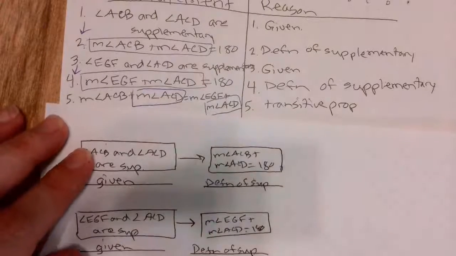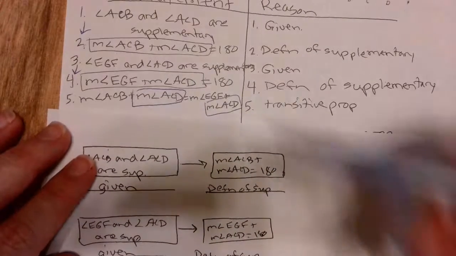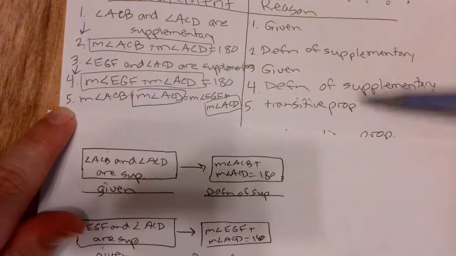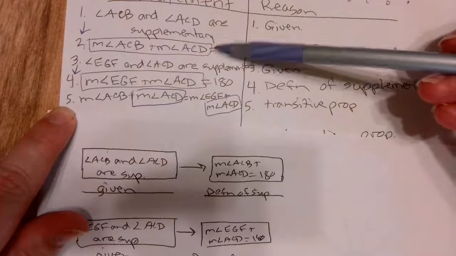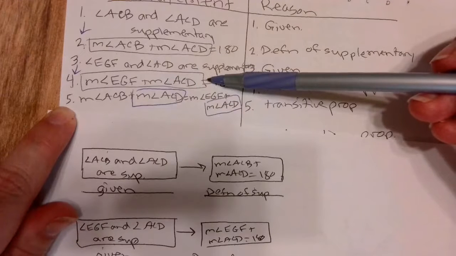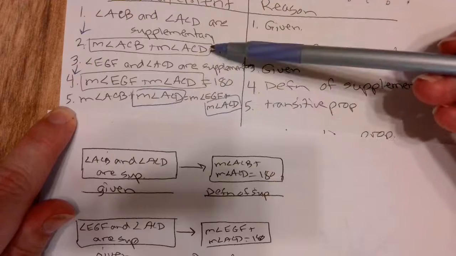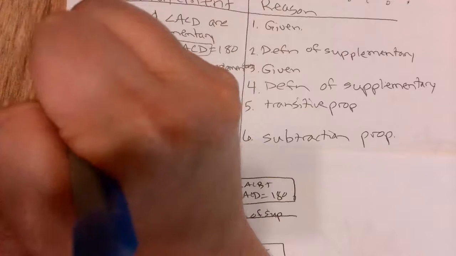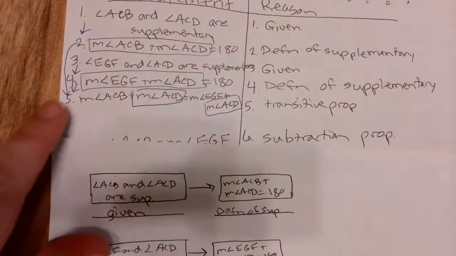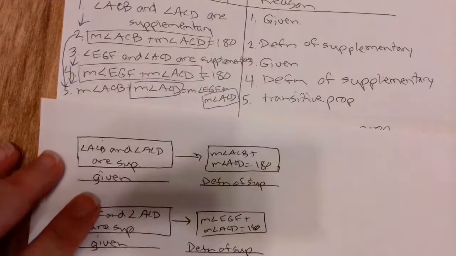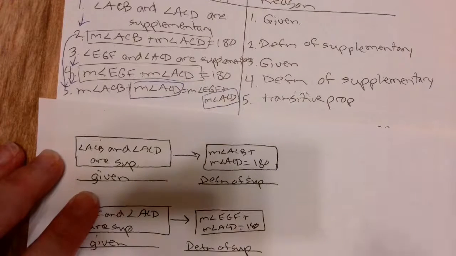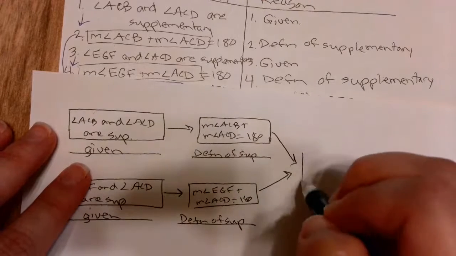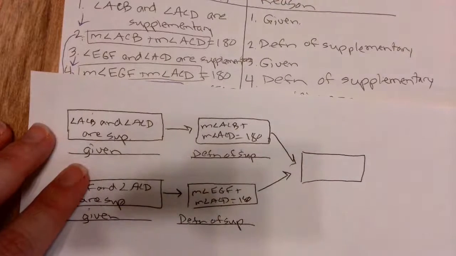Now line 5 is a little tricky. Line 5 was where we used the transitive property to put line 2 and line 4 together. So line 5 was where line 2 and line 4 came together. We used 2 and 4 to make line 5, which means in your flow proof you need to use both of those boxes to get to your next box.